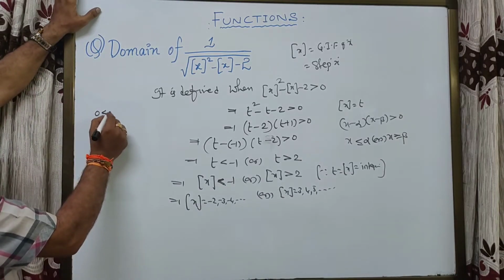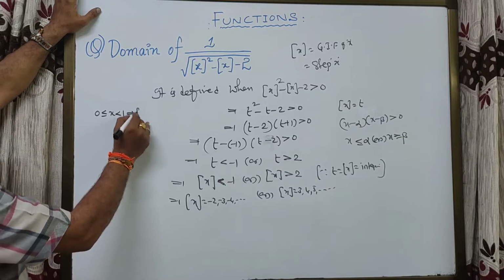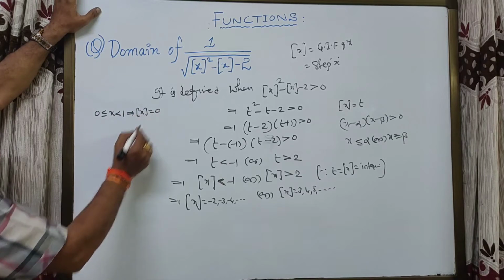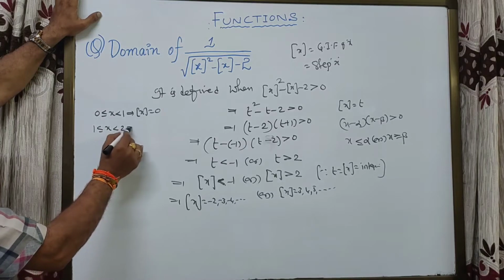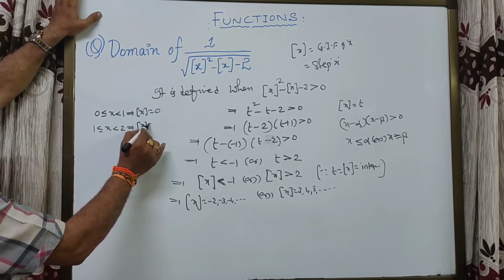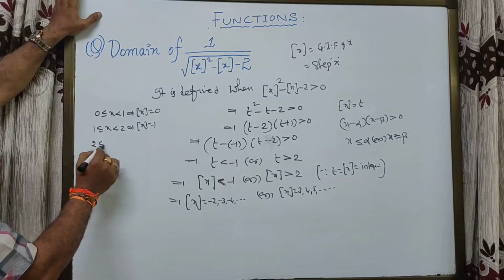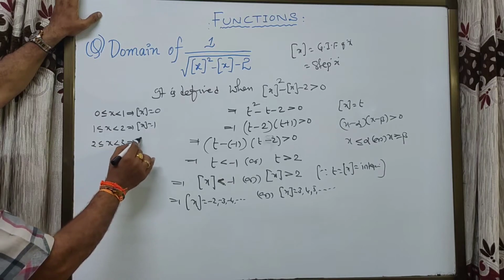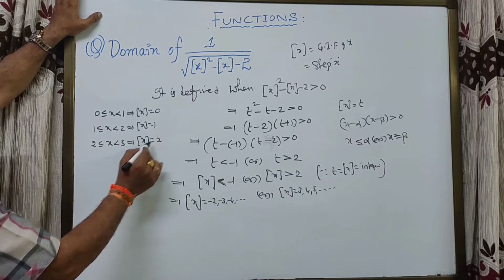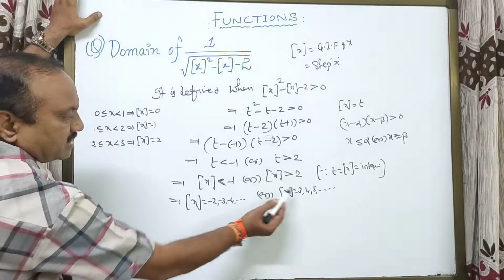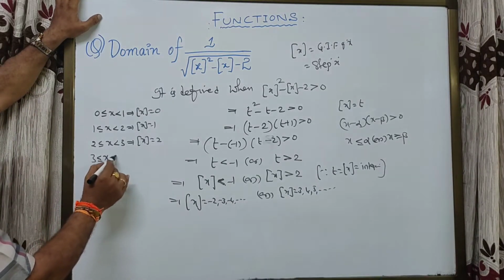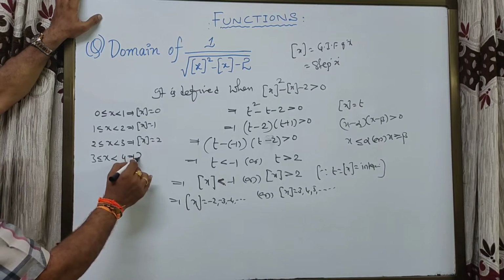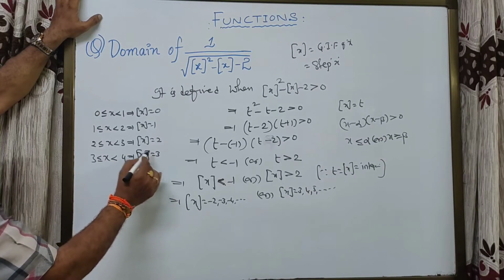For 0 less than or equal to x less than 1, step x value is 0. 1 less than or equal to x less than 2, step x is 1. 2 less than or equal to x less than 3, step x equal to 2. 3 less than or equal to x less than 4, step x equal to 3.